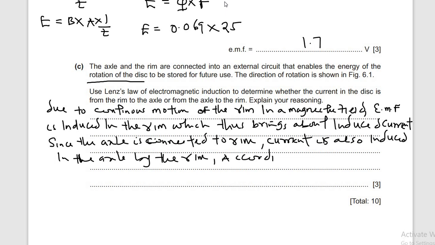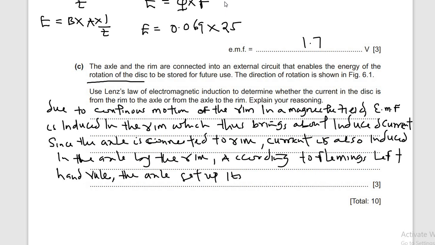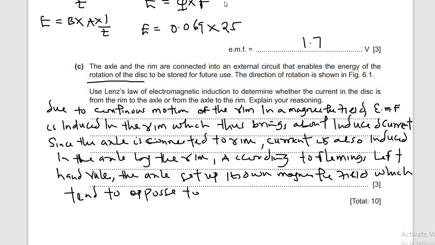According to Fleming's left-hand rule, the axle sets up its own magnetic field, which tends to oppose the motion of force that produces it initially.